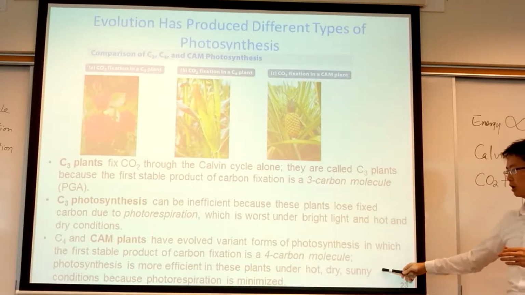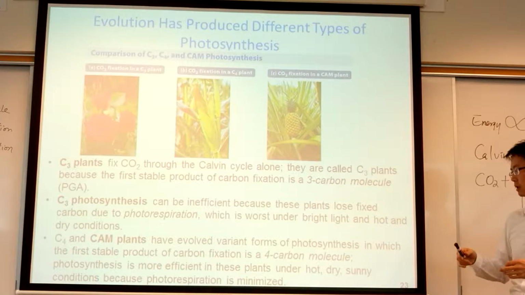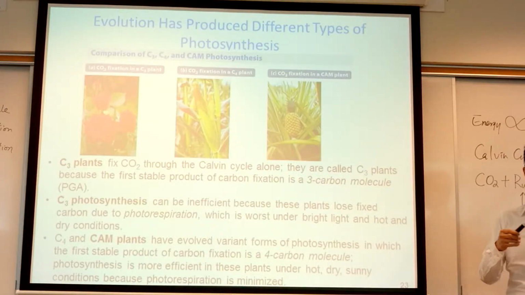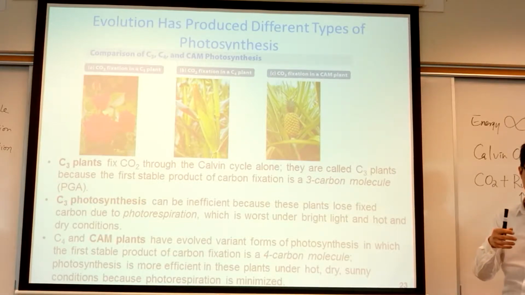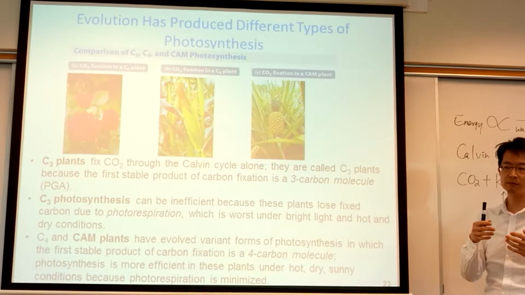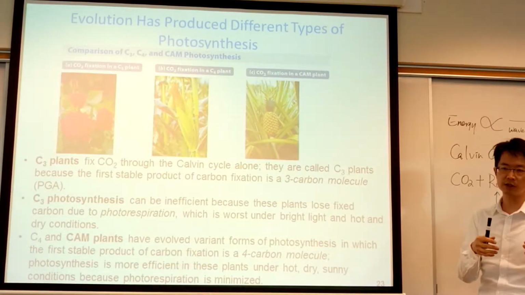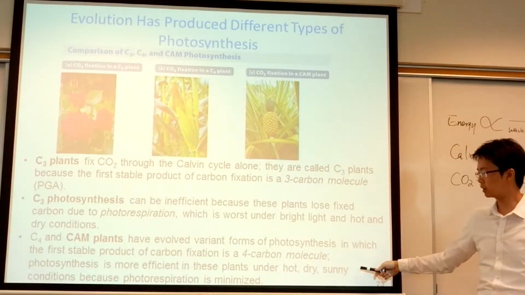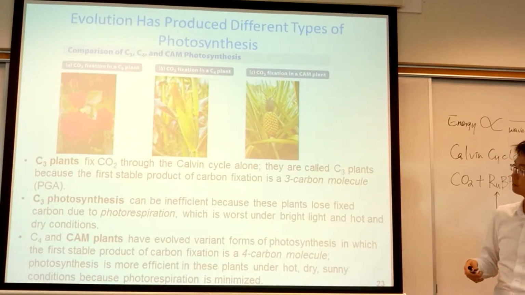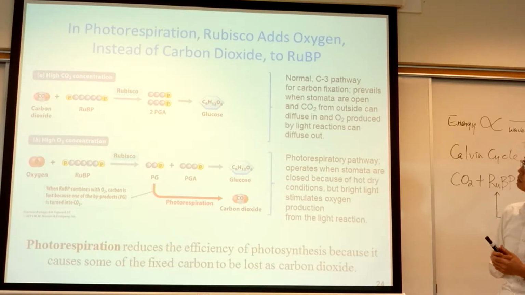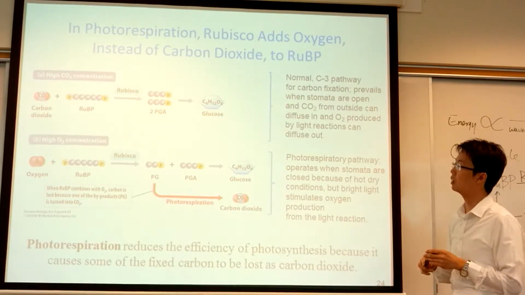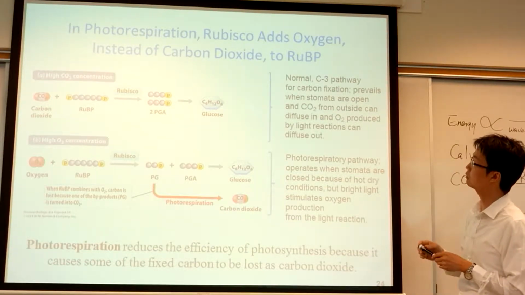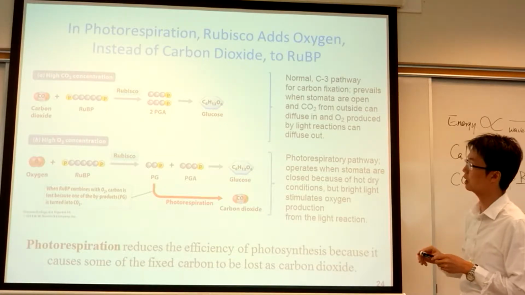And also the photosynthesis is different because of the structure of the leaf: they do photosynthesis in a different compartment in the leaves, so that the accumulation of oxygen and depletion of carbon dioxide will not occur during the hot, strong sunlight. So this is what we talk about regarding photorespiration in the C3 plant.